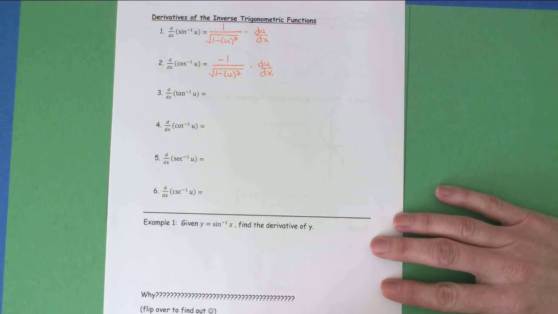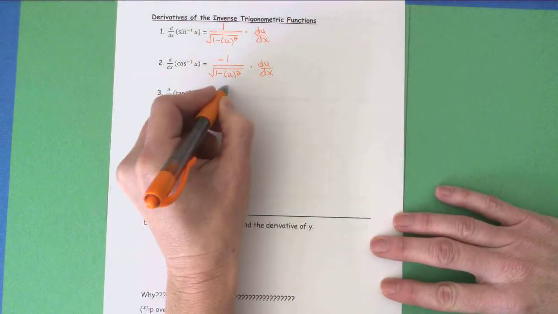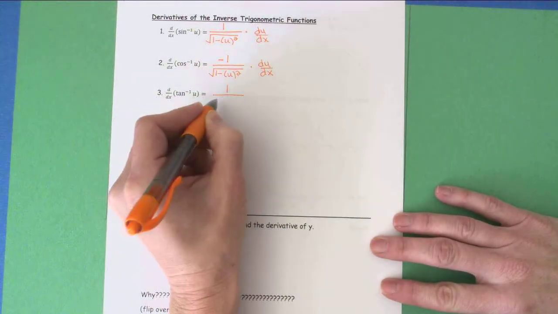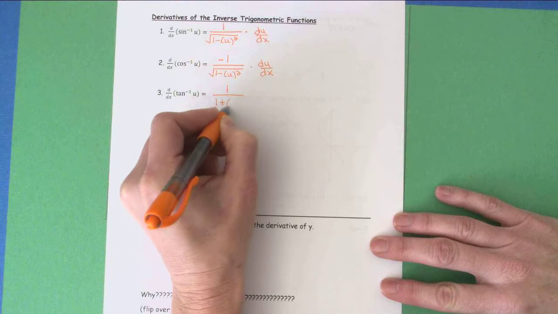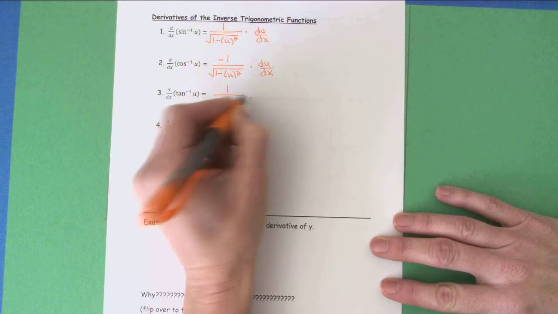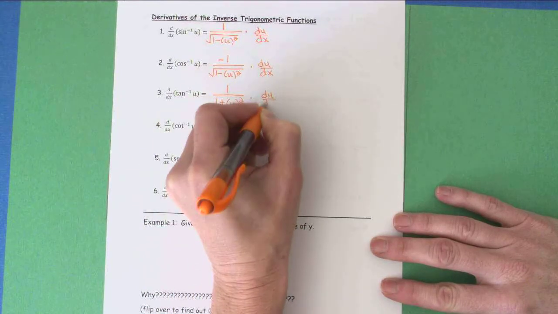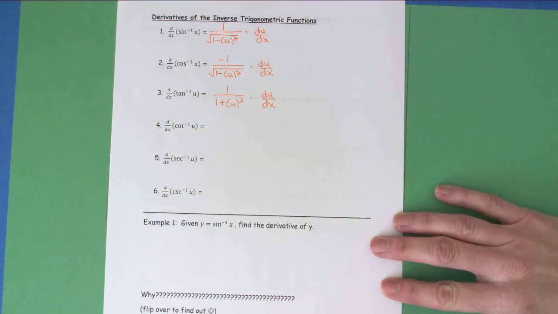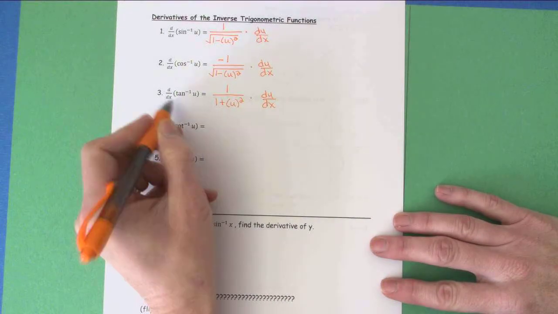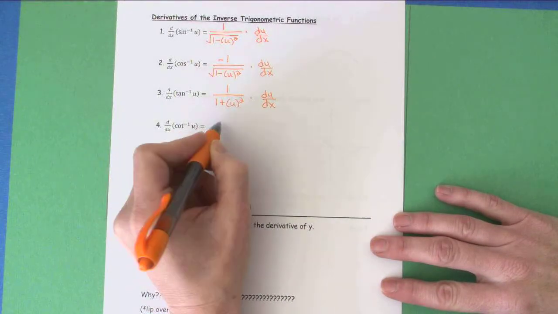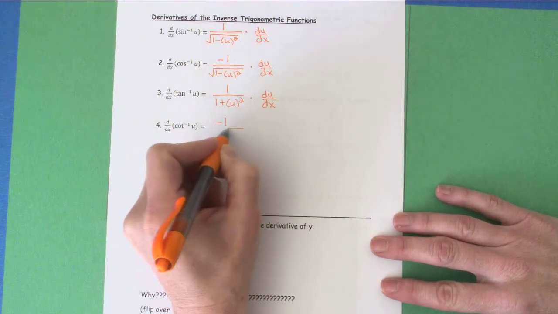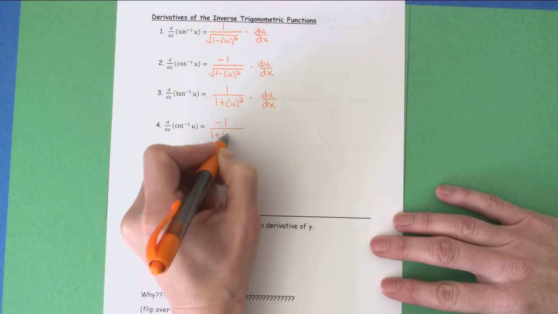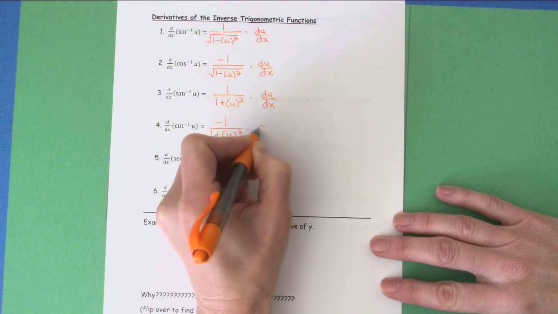For the derivative with respect to x of the inverse tangent of u, we're going to have 1 over 1 plus quantity u squared times the derivative of u with respect to x. For inverse cotangent, same as inverse tangent but with a negative, so -1 over 1 plus u squared times du dx.